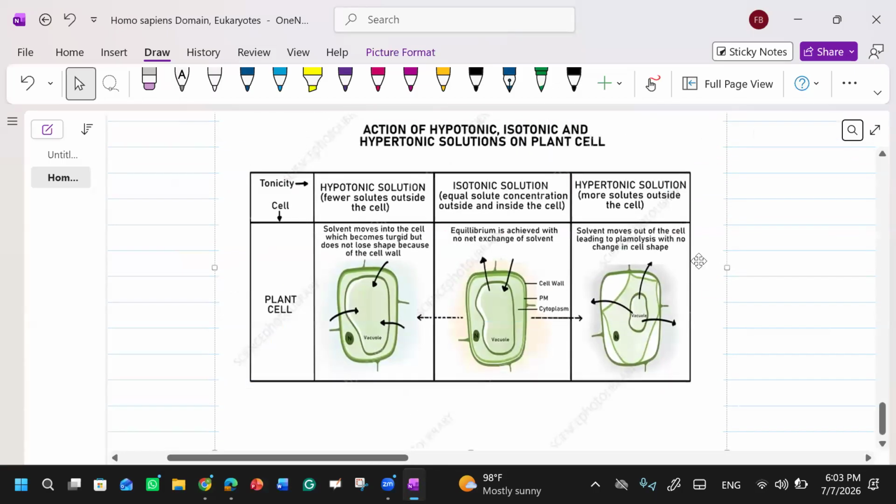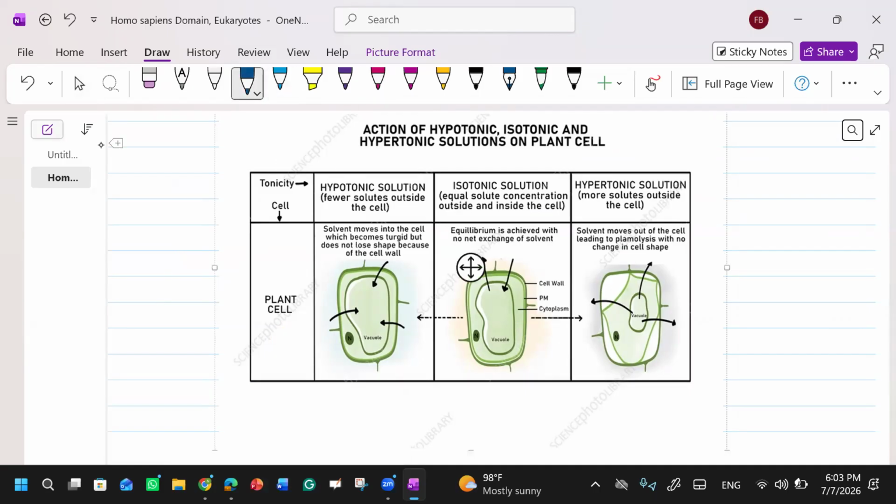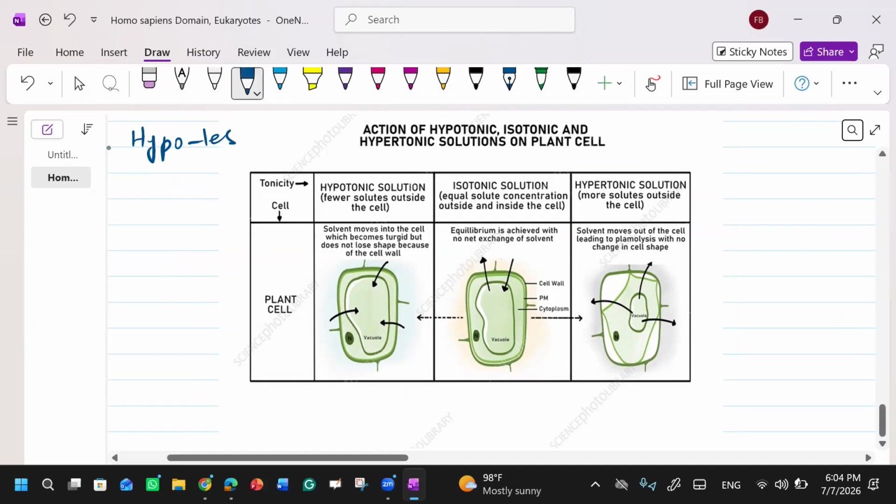Hypo means less, and tonic comes from tonicity. Tonicity means solute. So less solute. Where is there less solute? Outside the cell. They have mentioned that solute is less outside the cell.